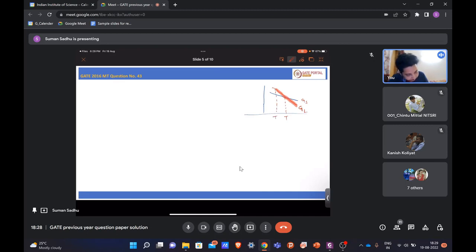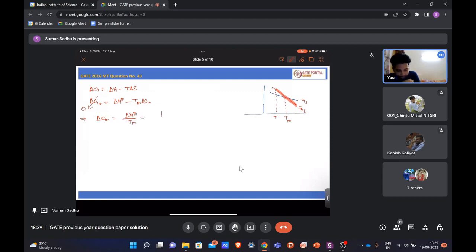So delta G we can write as delta H minus T delta S. At melting temperature it will be delta G M equal to delta H M minus T M delta S M. At melting temperature this delta G is 0, so we get delta S M equal to delta H M by T M.